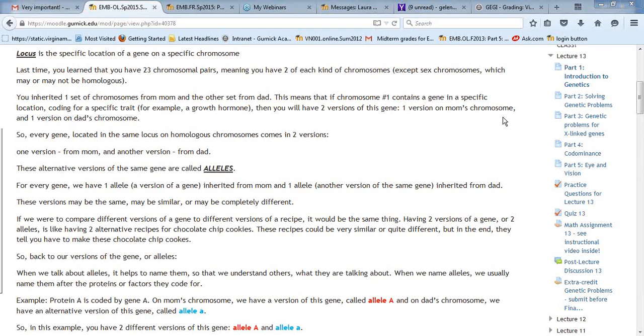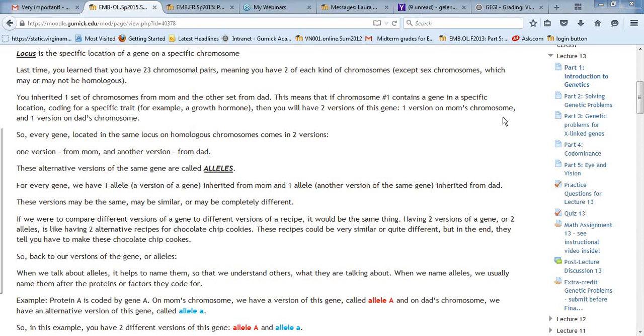And sometimes those would be the same or equivalent versions of the same recipe, and sometimes they're 2 different versions. So you usually have 2 versions of every gene. One version came from mom, the other version came from dad.